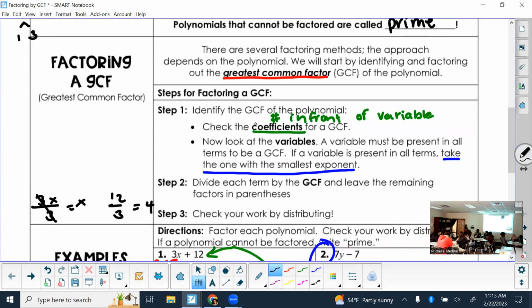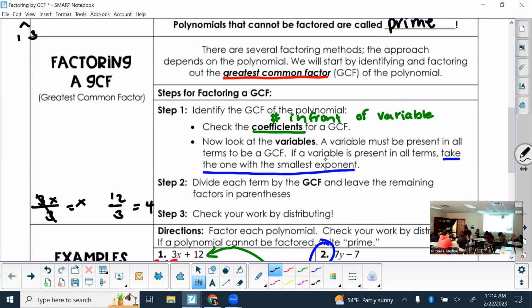First, you look at the coefficients, the numbers in front of the variable. Find the GCF between those numbers. Then you look at the variables. If they have the same letter in each term, then you can factor out that letter. And to know how many you can, you always take the one with the smallest exponent.